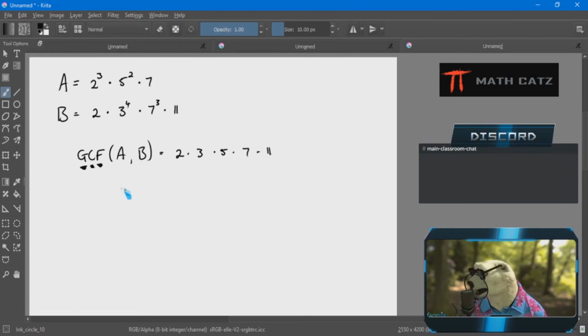Yes, to be a factor, I can't have a 3 because it won't fit into A then. I can't have an 11. It won't fit into A. A is the picky one, it seems. Oh, I can't have a 5 either, can I? Because B has no 5s in them.